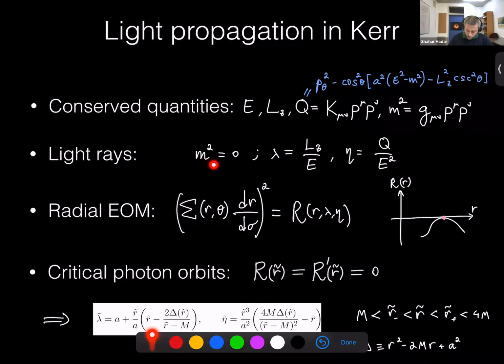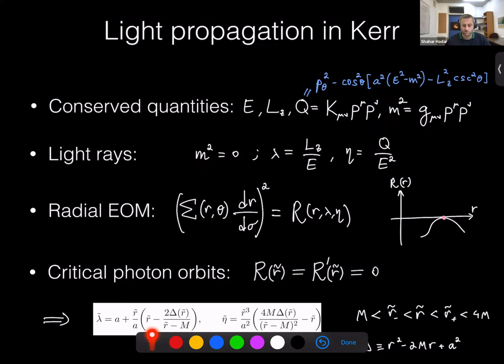When we take it to be a photon, the number of impact parameters, as I like to call them, lambda and eta, reduces to 2, because only the rescaled values of the angular momenta play a role. The rescaled azimuthal angular momentum we call lambda, and the scaled Carter constant we call eta.